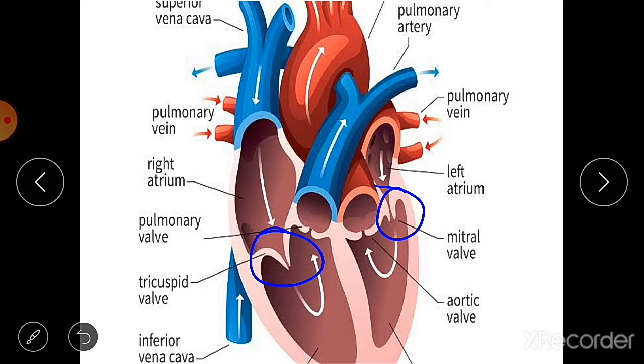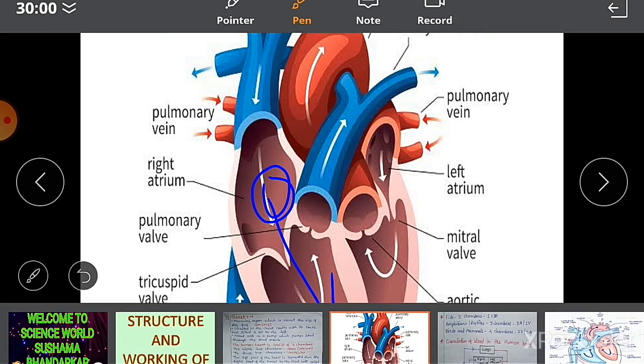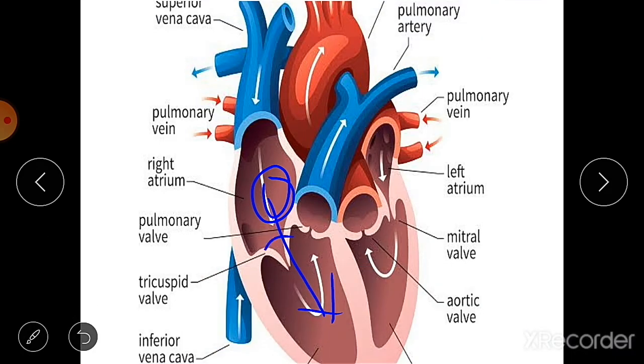Now what is the function of these valves? These valves prevent the backflow of blood. Suppose deoxygenated blood comes to the right atrium, then it is pushed towards the right ventricle, and as this blood is pushed here, this valve closes.